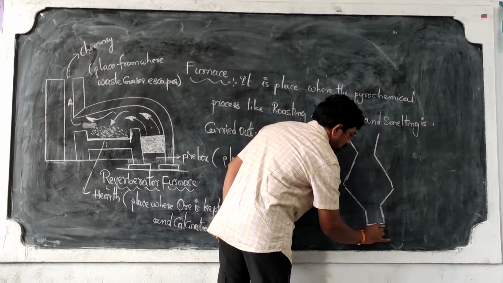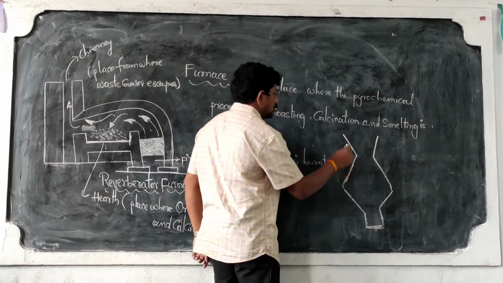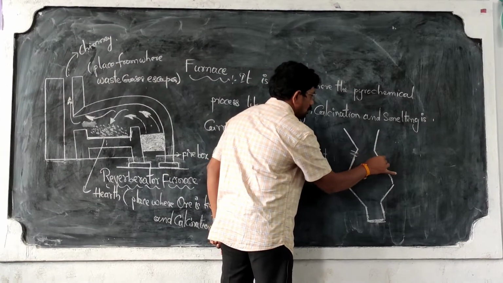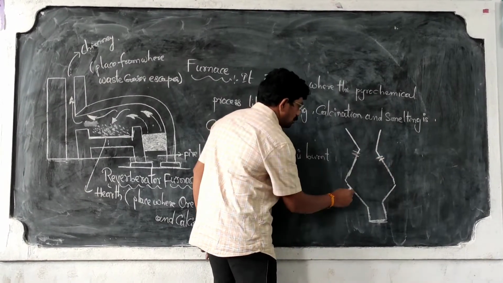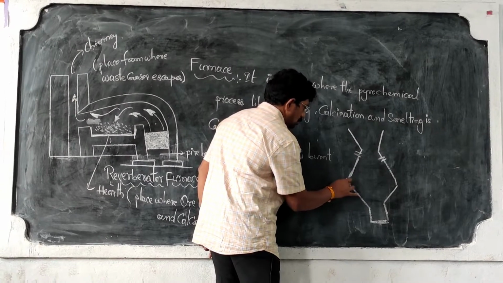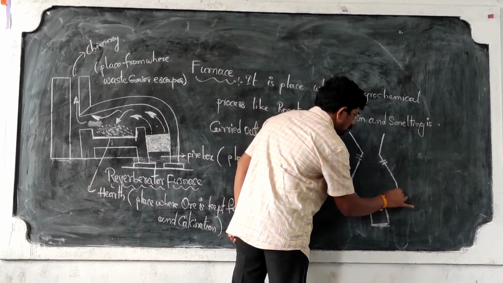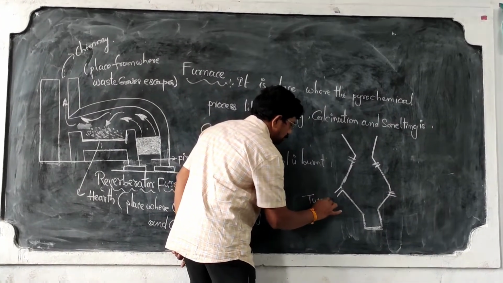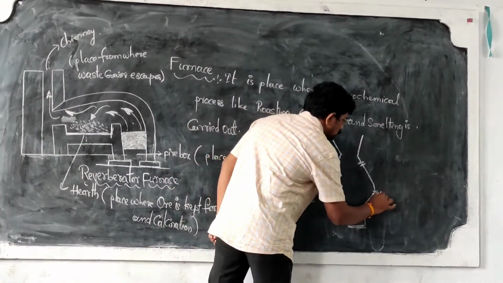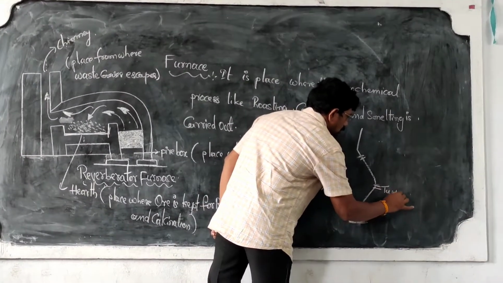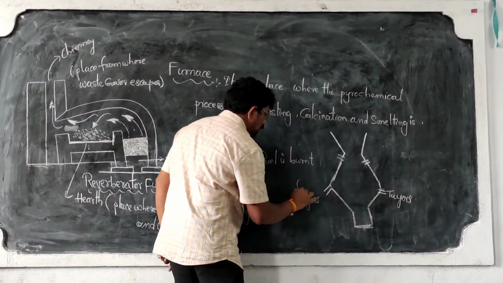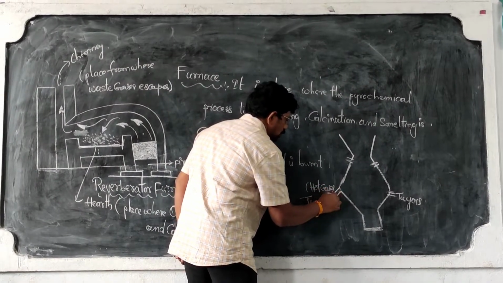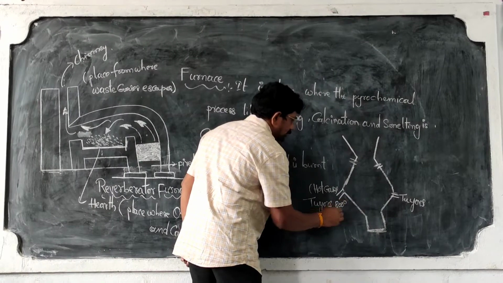Already we discussed about this. These are known as tuyeres, that is, hot gases are blown at 800 degrees centigrade.